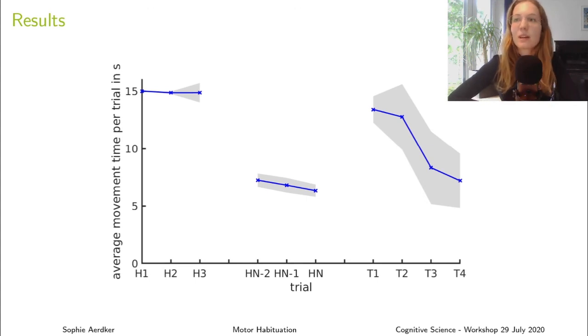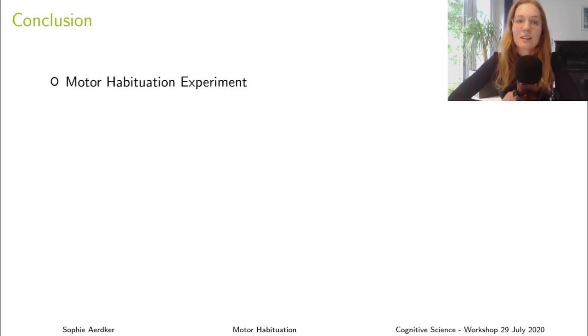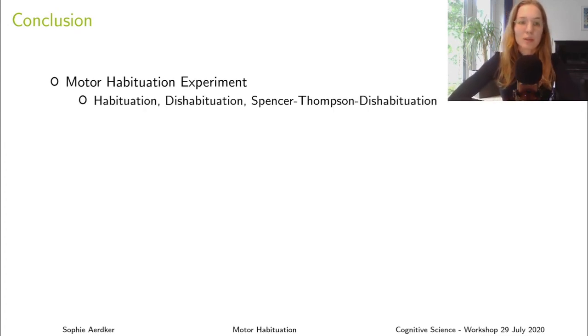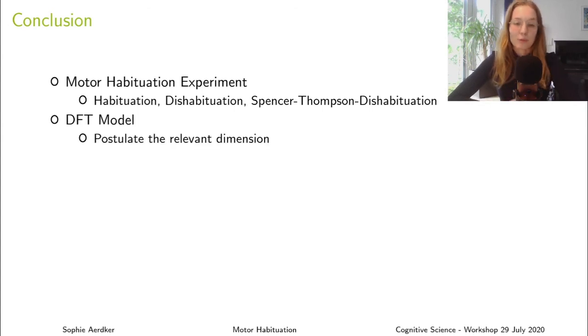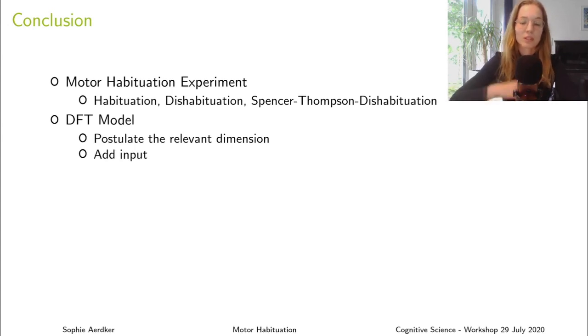Okay, so that's great. Let us summarize what we did here. We had the motor habituation experiment where we observed habituation, dishabituation, and the Spencer-Thompson dishabituation. And we set up a DFT model by first postulating the relevant dimensions and then adding perceptual input, which can be applied to the field because it has the same dimensions.